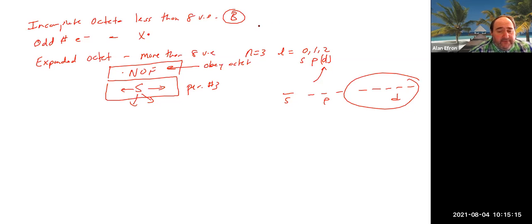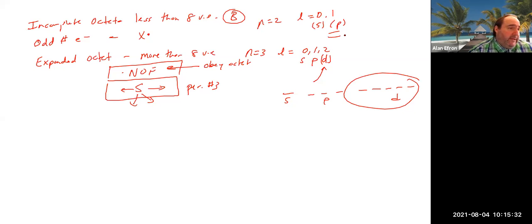At n equals 2, l is 0 and 1, which means they only have s and p orbitals available to them. They do not have those extra d orbitals available that would allow them to accommodate the extra electrons.